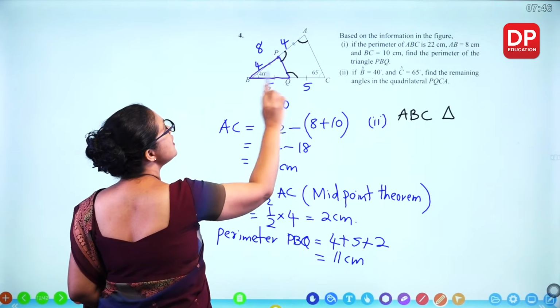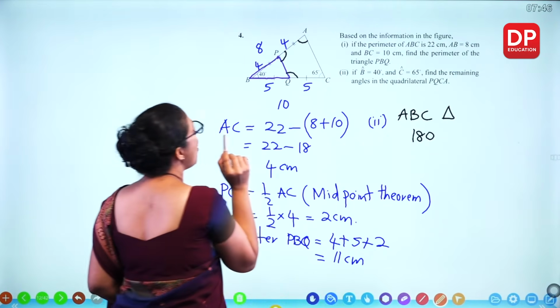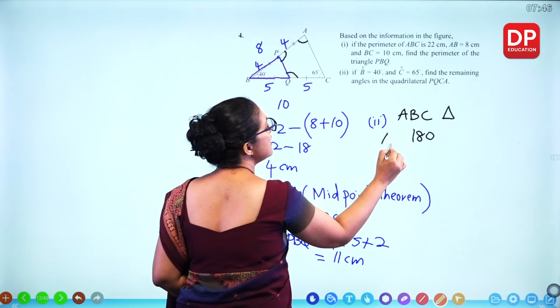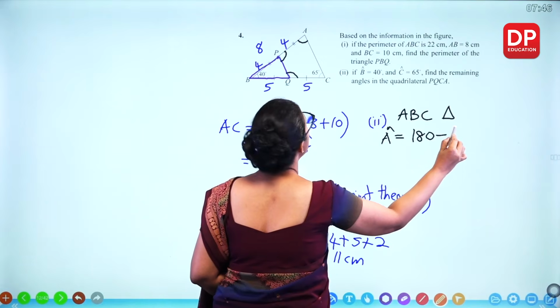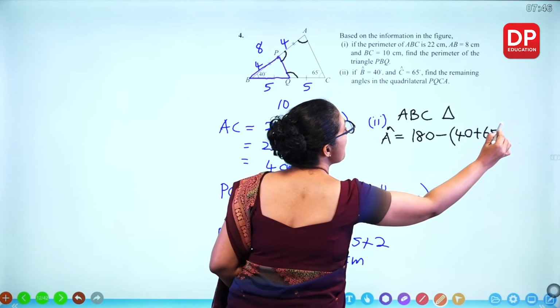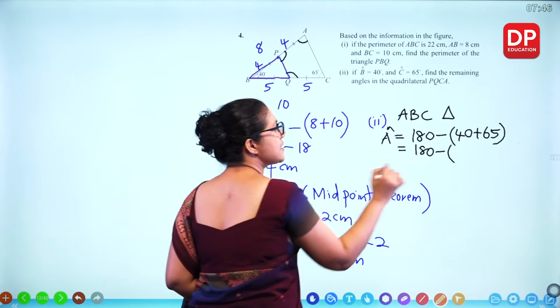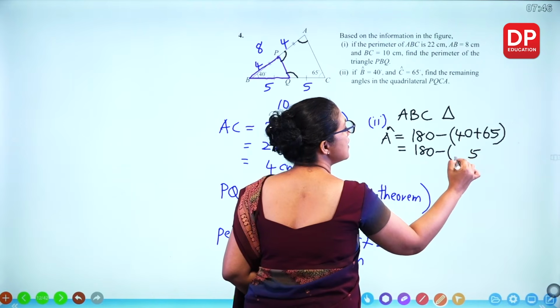How? We know these two angles. So 180 is the sum of all three angles. So A angle is 180 minus 40 plus 65. So you get 5 here, 10.